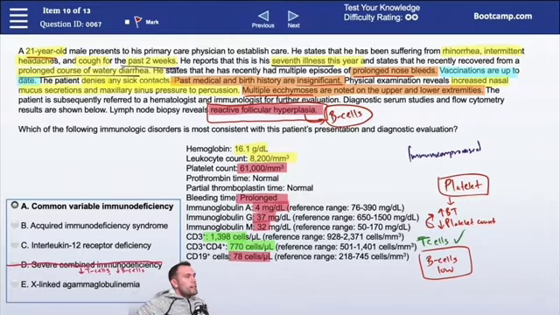Okay, the X-linked agammaglobulinemia, on the other hand, is really tough to differentiate from common variable immunodeficiency because they're very similar, right? The issue with X-linked agammaglobulinemia is we literally can't get these B cells out into the blood, because we have that BTK gene defect. So in X-linked agammaglobulinemia, the T cells are often normal, like we see here, but we have low levels of B cells.